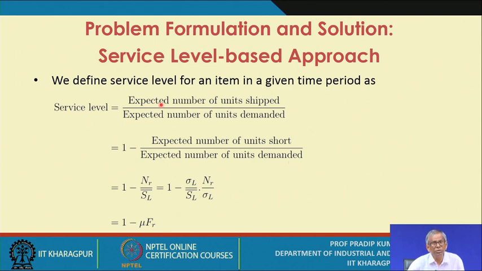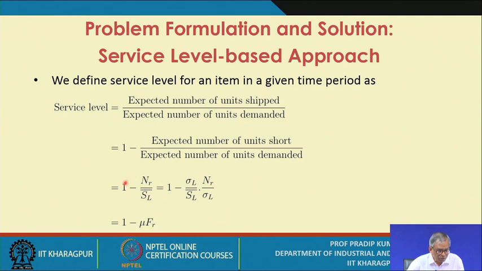As soon as you use the term expected, it means the demand is known with risk. That means the demand has a probability distribution, and the exact demand is not known. That's why we have used the term expected number of units shipped.